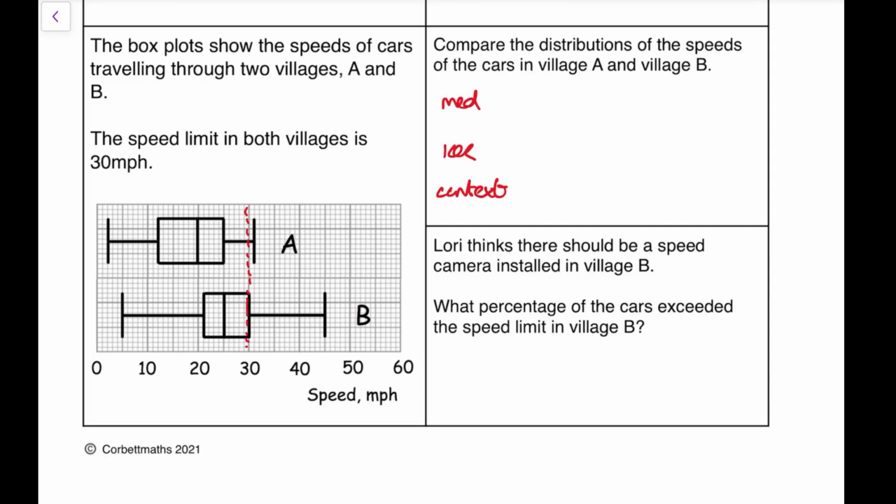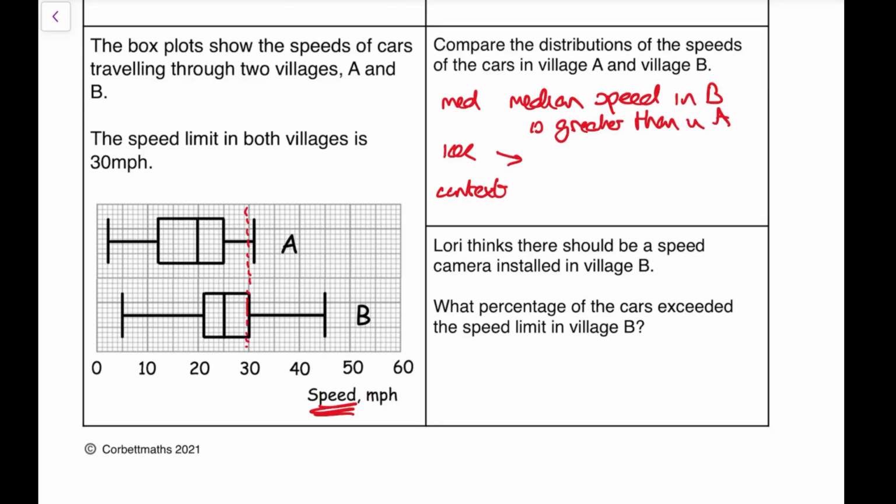Now, I don't have a lot of space here to write this super neatly, but you need something along the lines of the median speed, because I'm talking about speeds. So the median speed in village B is greater than in A. You need the speed because you need the context, and then you need to say which one is bigger and which one is larger. Then I'm going to compare my IQRs.